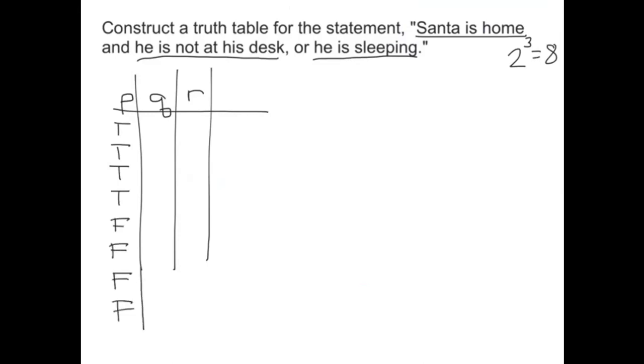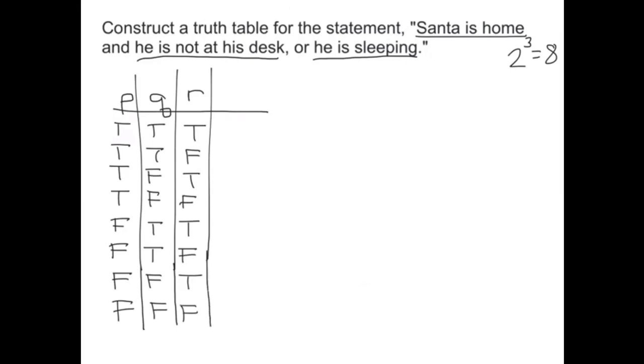And then in my Q column, I'll do 2 trues, 2 falses, 2 trues, 2 falses. And then in the R column, I'll alternate true, false, true, false, true, false, true, false. Okay, now I need to put my connectives in the problem.